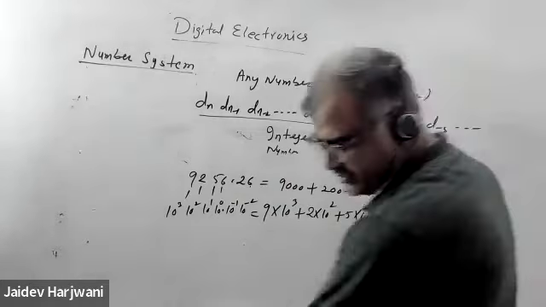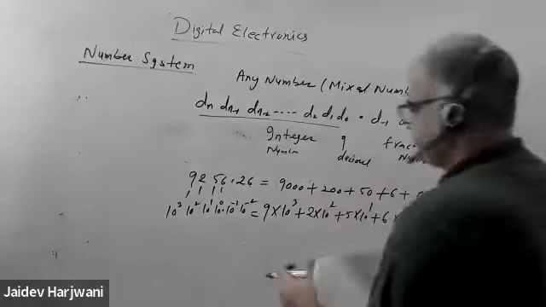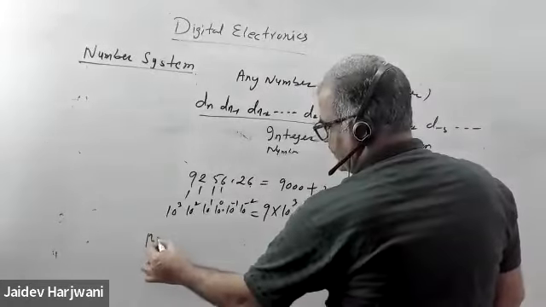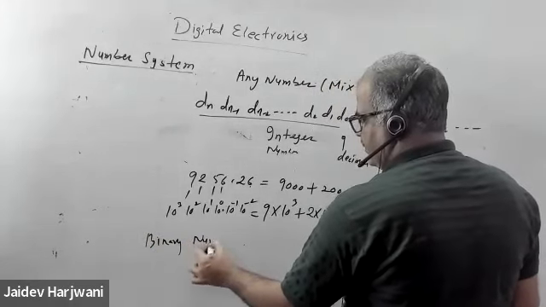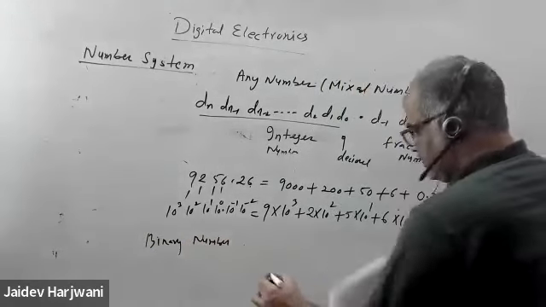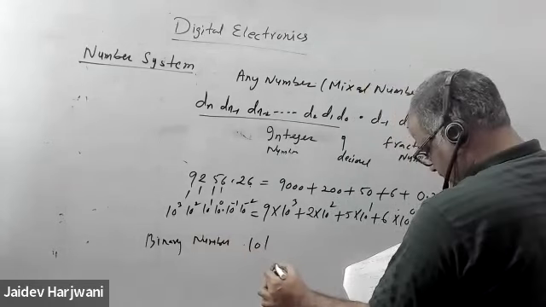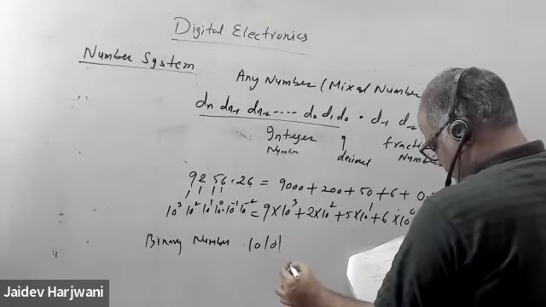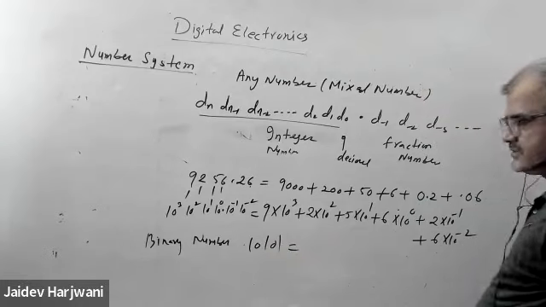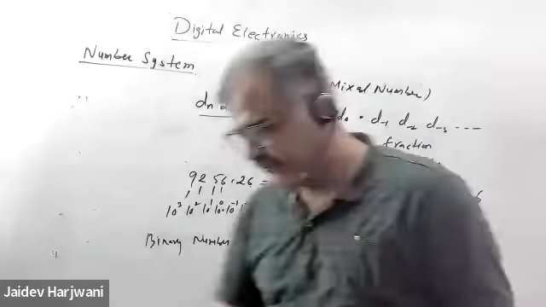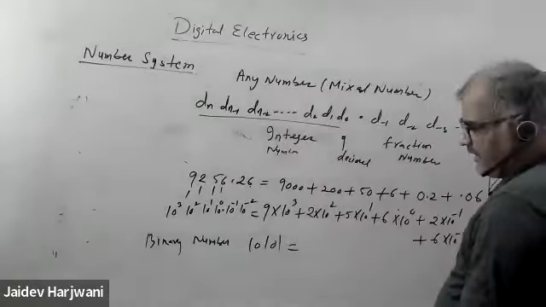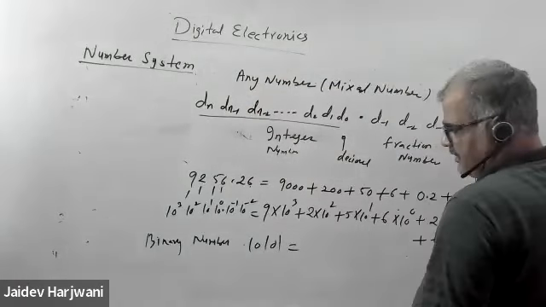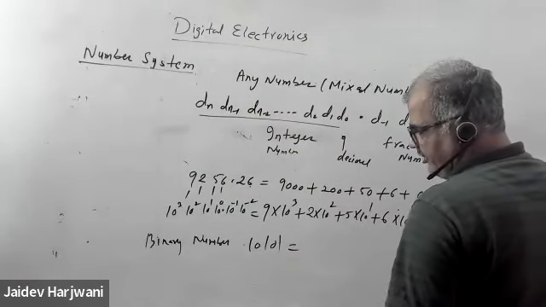For example, suppose I have a binary number, 10101. Now I want to write its decimal equivalent. In order to do that, I should know the weight of each position.